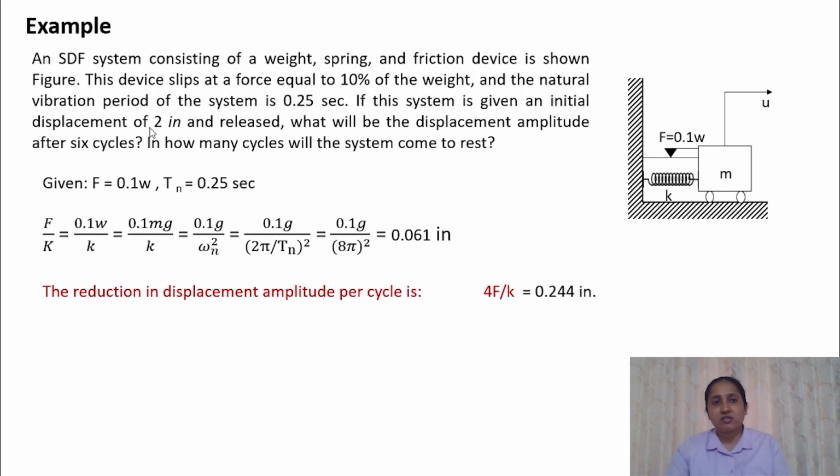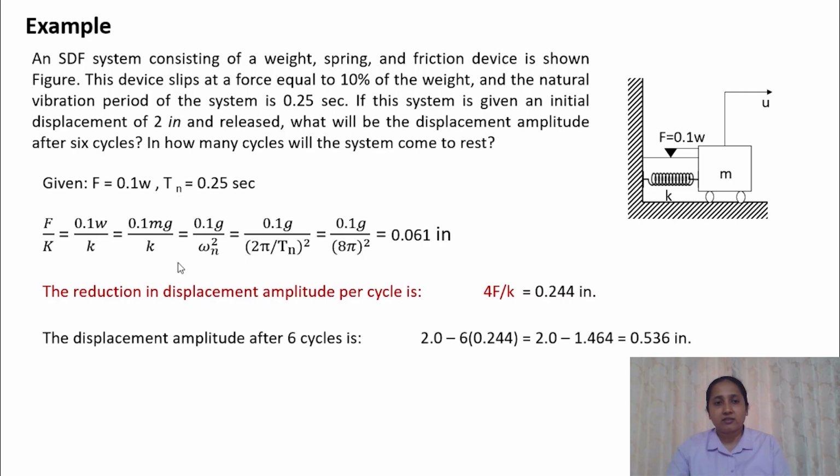We know the initial displacement is 2 inches, and in each cycle the amplitude will decay by this amount. So after 6 cycles, the amplitude will be 2 minus 6 times this, so 2 minus 1.464 is equal to 0.536. That is the amplitude after 6 cycles.